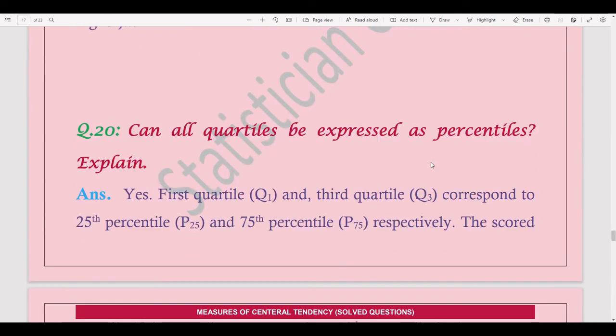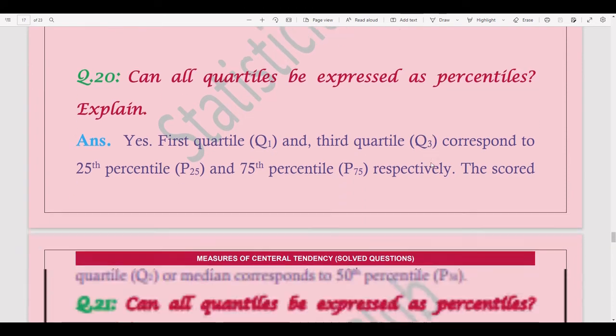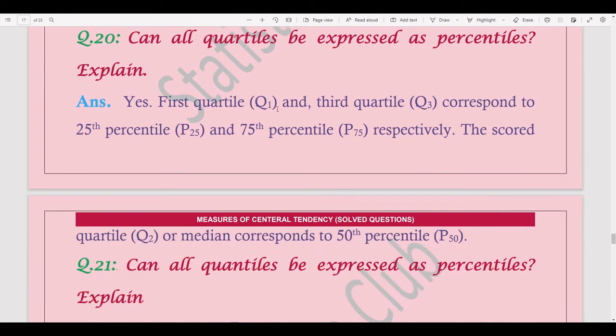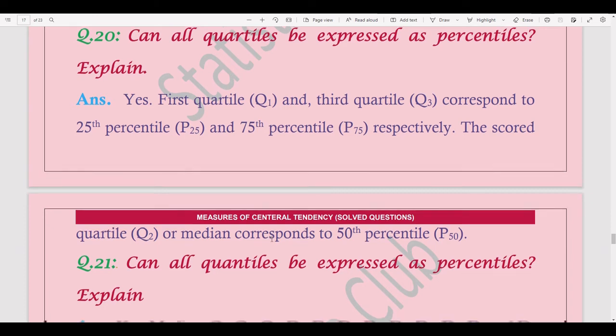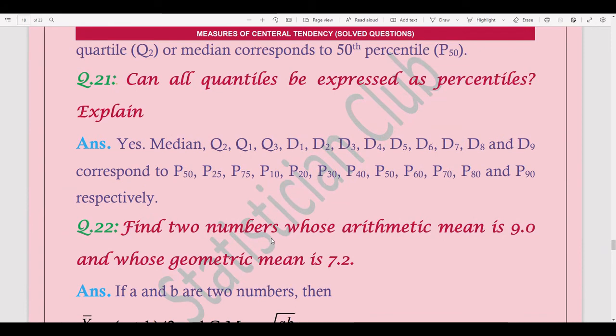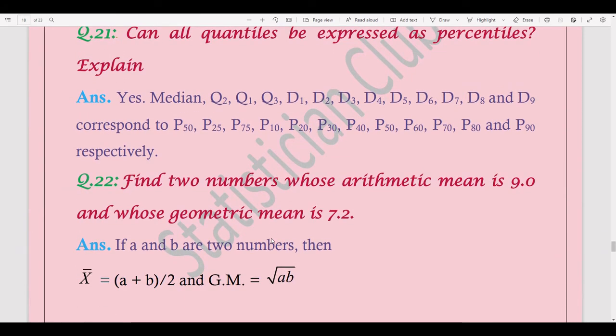Can all quartiles be expressed as percentiles? First quartile Q1 and third quartile Q3 correspond to the 25th percentile and 75th percentile respectively. The second quartile is the median, corresponding to the 50th percentile. Can all quantities be expressed as percentiles? Yes. Median, Q2, these are equal, and this is equal to P50.